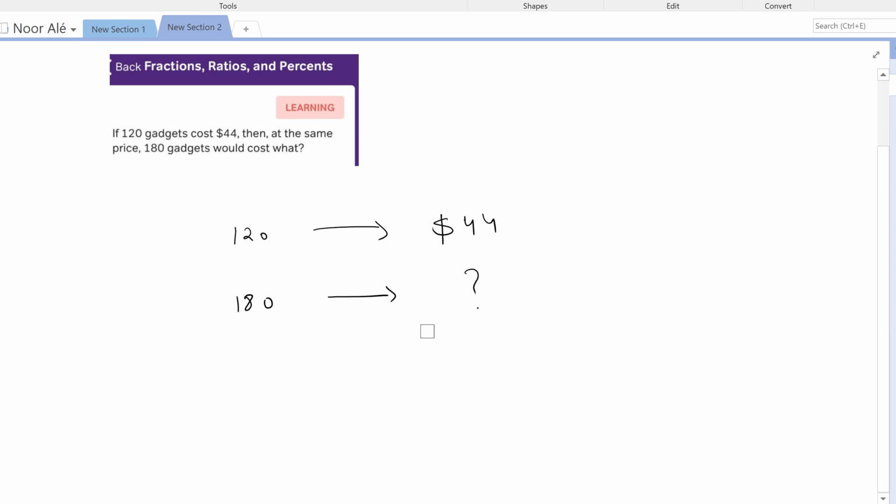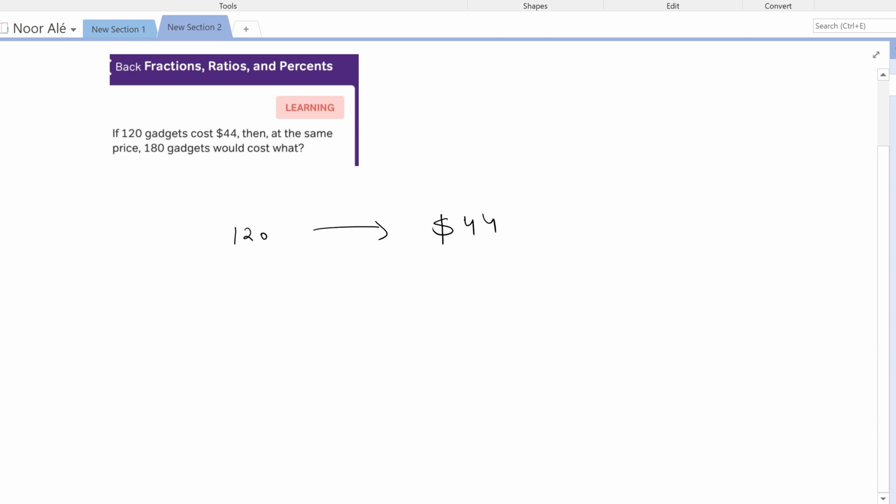So now the same kind of reasoning, the shortcut reasoning, you can follow there. Now you can find out the price for one of the gadgets and then you can multiply it by 180, right? That's the standard way of doing it. So let's try to figure out the price of 1 unit.